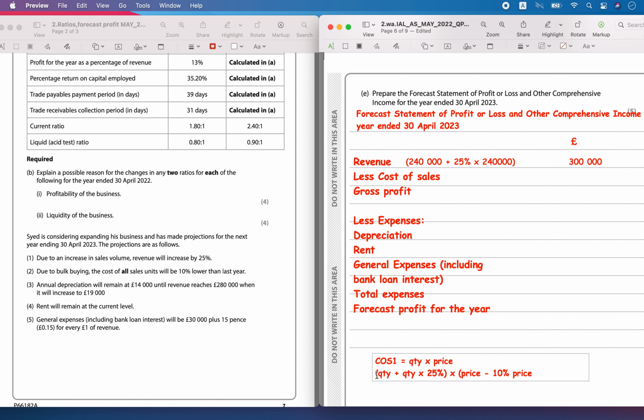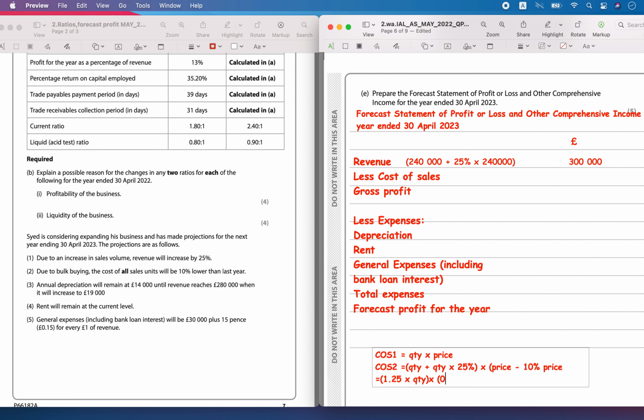This is from the previous whatever cost of sales we had. This was cost of sales 1. Okay, let's assume the new cost of sales is going to be COS2, after the new adjustments. So now I can write it as, okay, quantity plus this 25 percentage is nothing but 1.25 quantity. It would have become 1.25 times the quantity, and the price would have become 0.9 times.